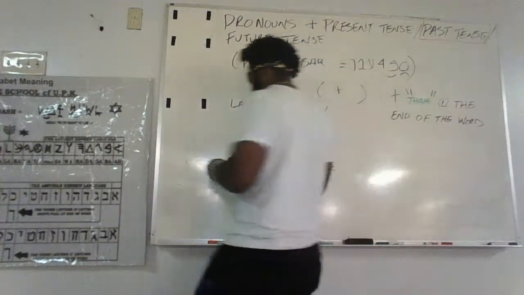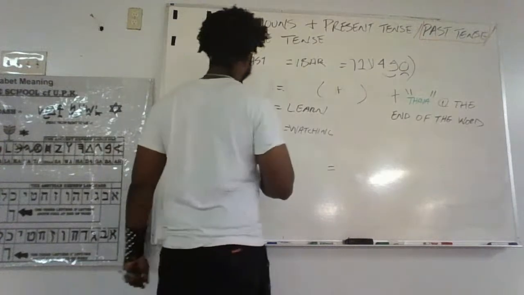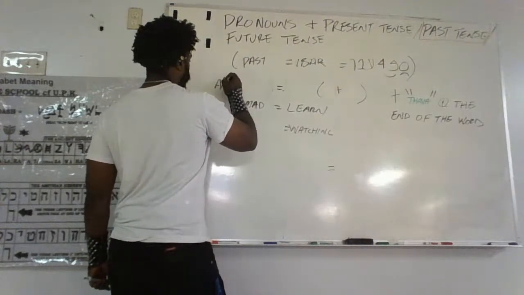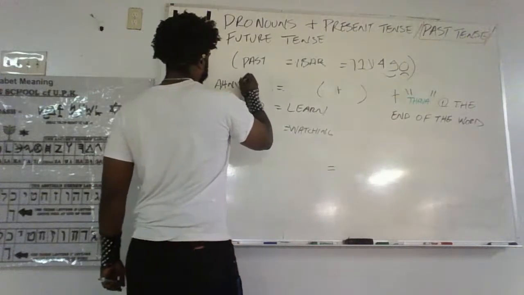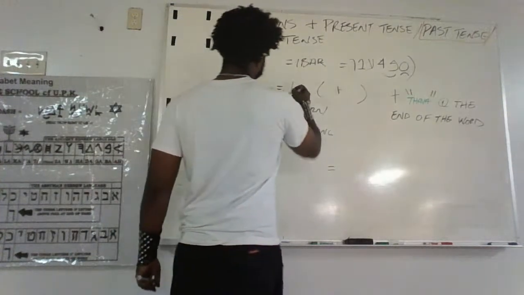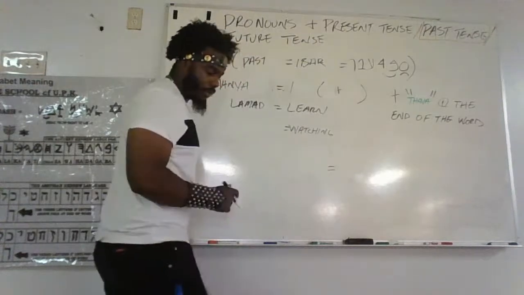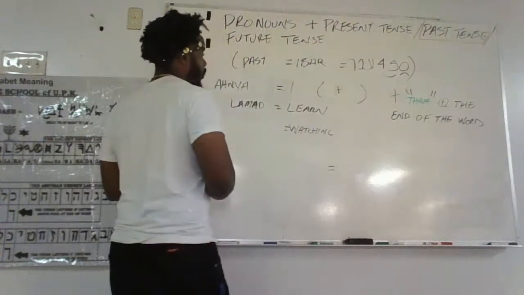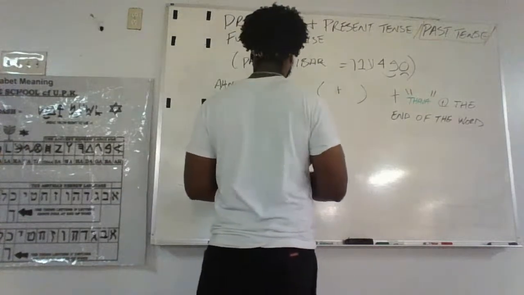All right. So the first thing we're starting off with is, of course, Anya, which means I. Okay. So remember, you add a ya at the end.